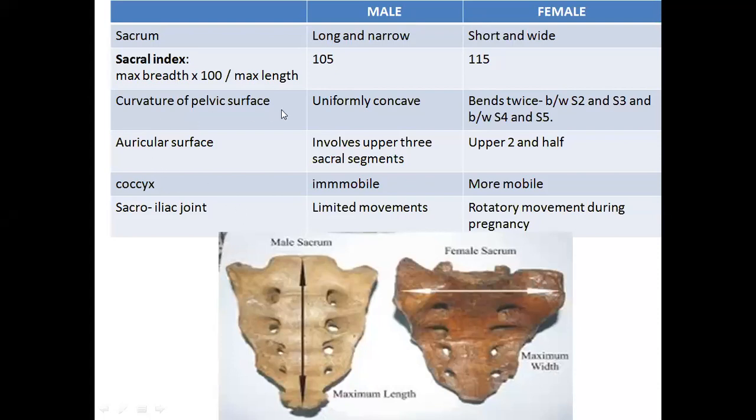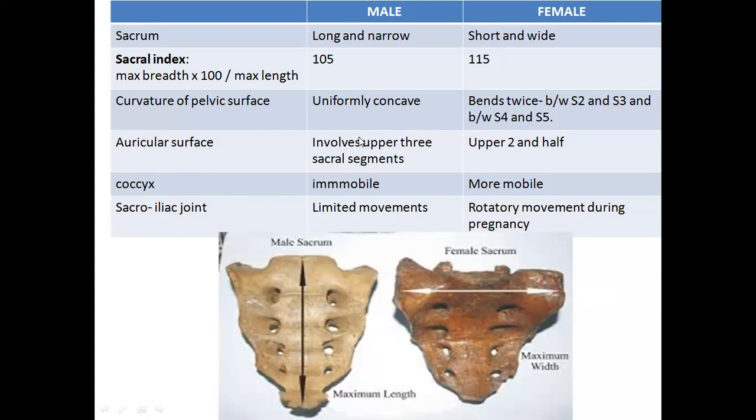Now the curvature of the pelvic surface is uniformly concave in males, whereas in females it bends twice: between S2 and S3, and between S4 and S5. Then this is the auricular surface, where the corresponding auricular surface of the ilium of the hip bone articulates to form the sacroiliac joint.